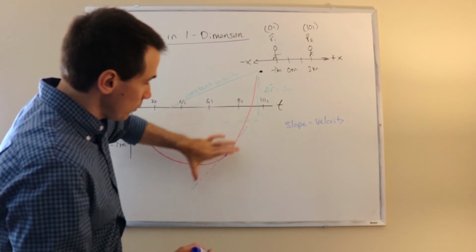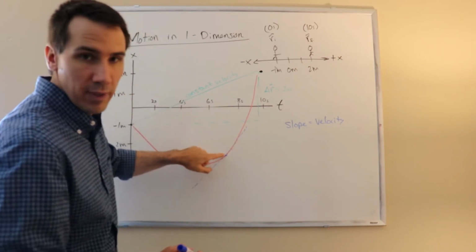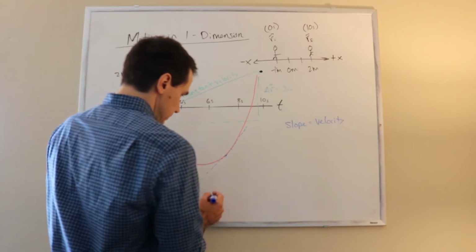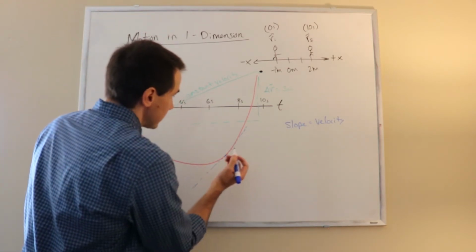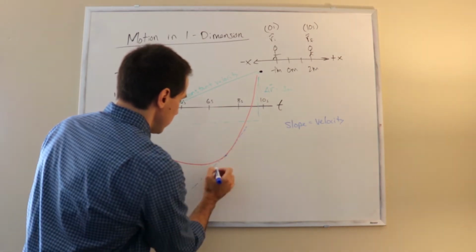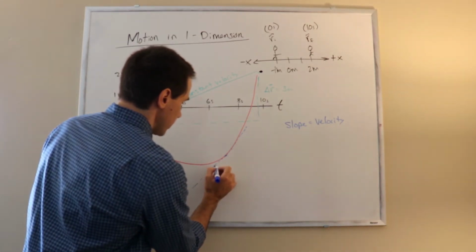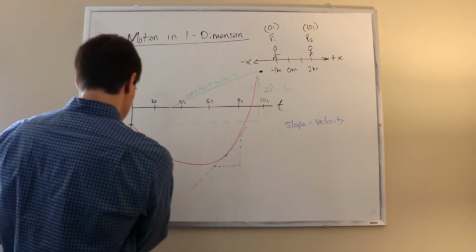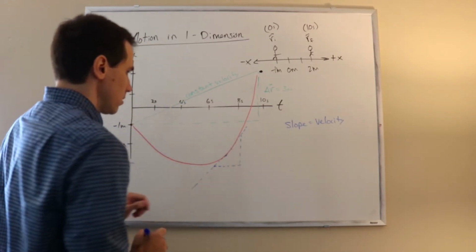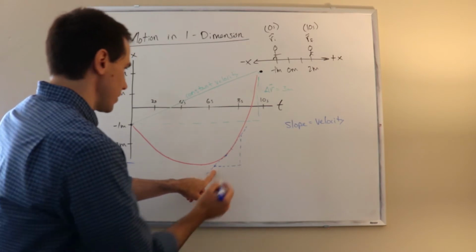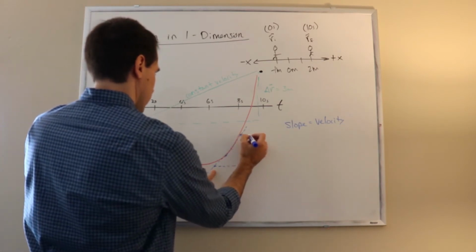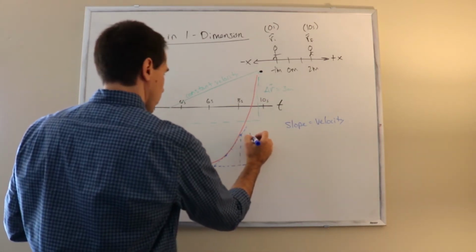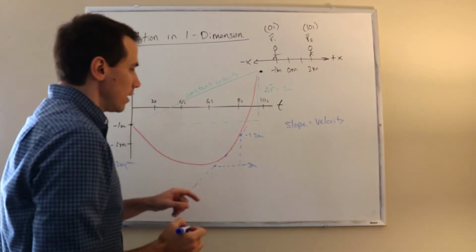And if I can find the slope of this blue line, I know the slope of my red line at that point. Okay? So I could try to estimate it. If I want to find the slope of the blue line, I go from about -3 meters, so this could be -3 meters, and this could be -1.2 meters.